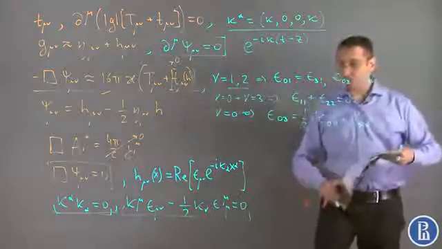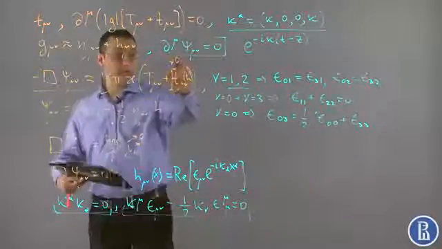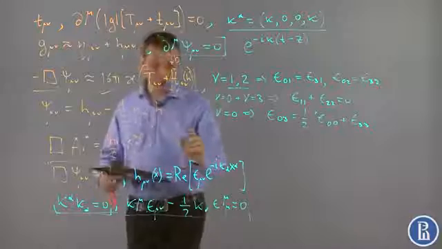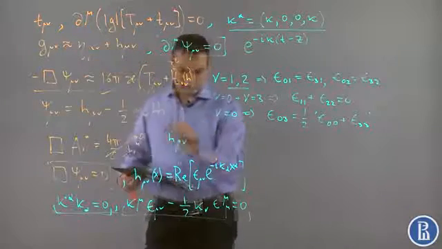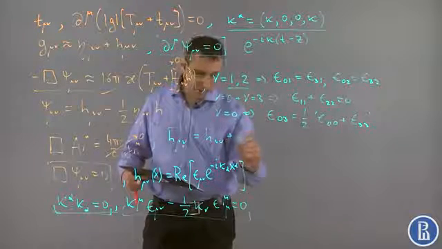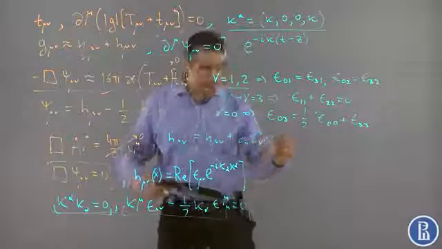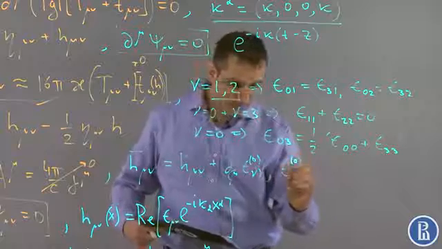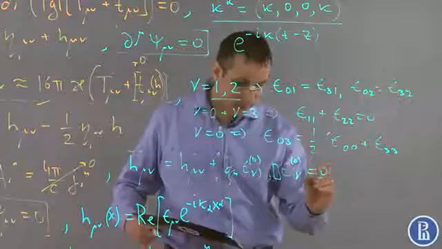Now, remember that this equation was obtained in this gauge, but there is a remaining gauge freedom that we can use to transform h mu nu according to the law h mu nu plus d mu epsilon 0 nu, such that epsilon 0 nu solves the equation that box of it is equal to 0.